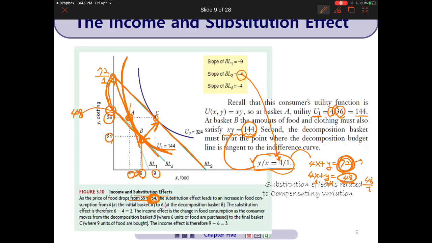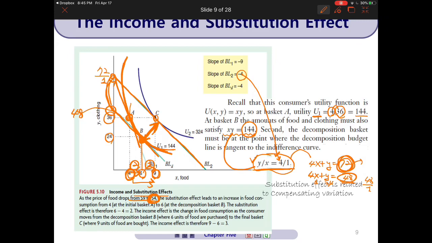And changing from A to C, which corresponds to going from 4 to 9, is 5. Out of 5, 2 we categorize as the substitution effect. The remainder, 3, we categorize as the income effect. If you think about the income consumption path at the beginning of this class, you will see this is a kind of income consumption path.